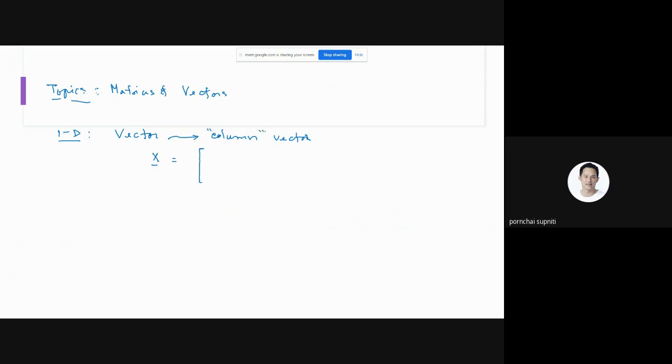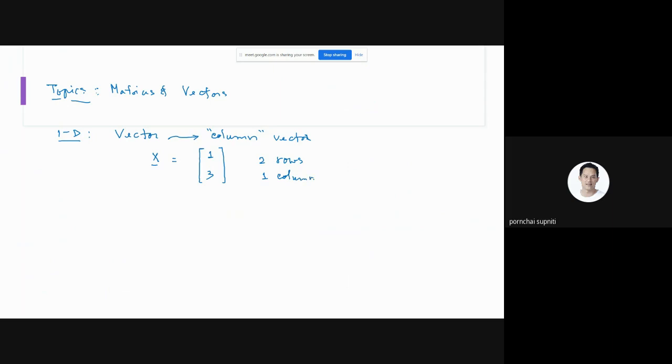So for example, if I define a vector, by definition it's a column vector. It means that the values in this vector span in the column direction. So let's say this is a vector with the elements 1, 3. This is called a column vector. It has 2 rows and 1 column.